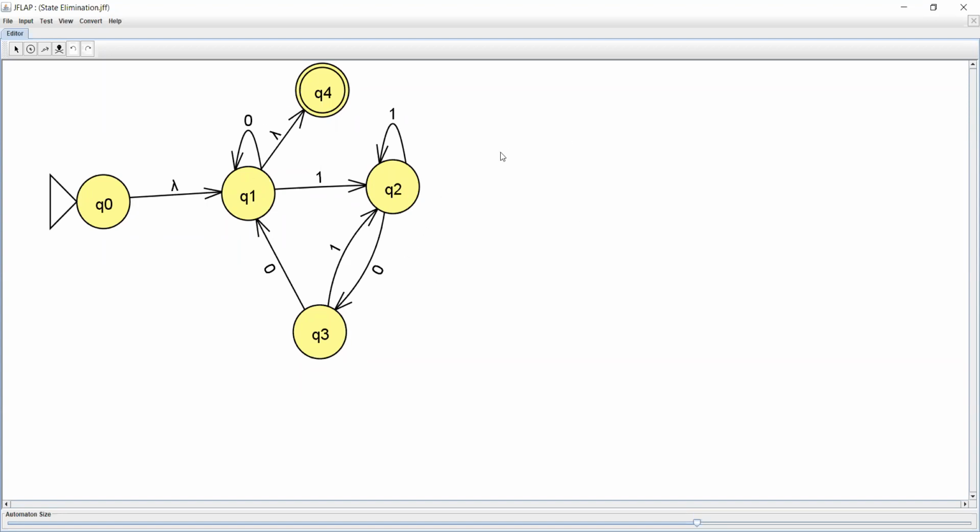Okay, now here I am going to select some node for removal. The node I am going to select for removal is Q3. As I am not able to write anything here, I will tell you straight away, so please make a note of it. I am going to remove the state Q3. Let me copy this diagram.